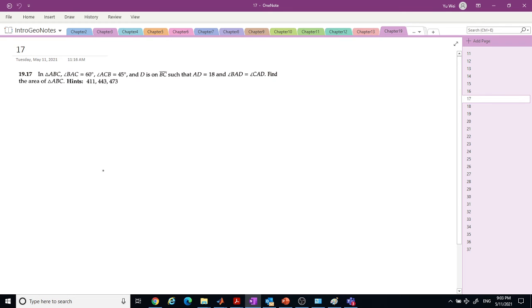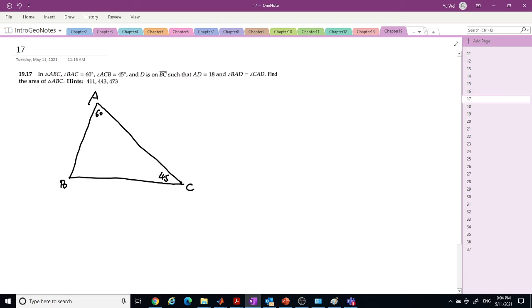So in triangle ABC, in triangle ABC, we have the BAC equals 60. This is the 60, and the ACB equals the 45.